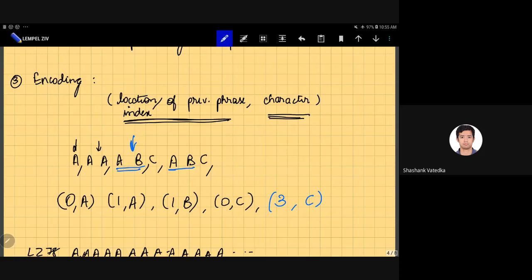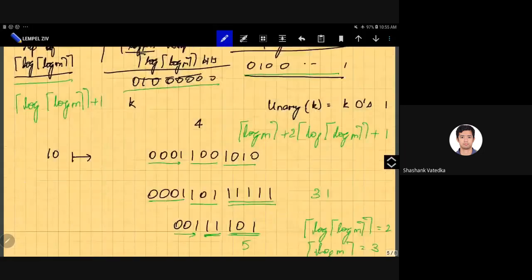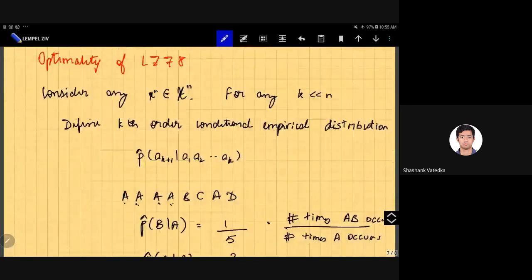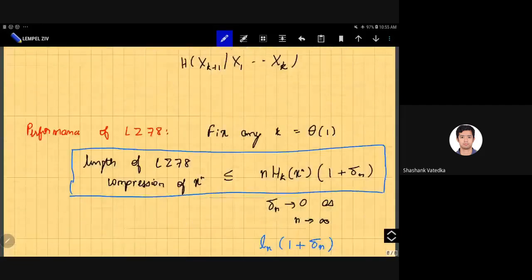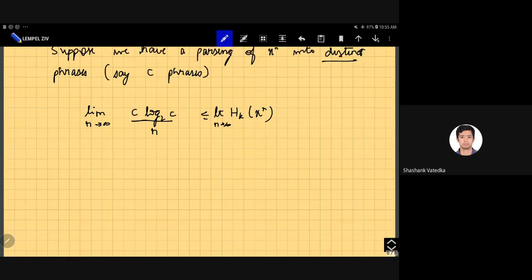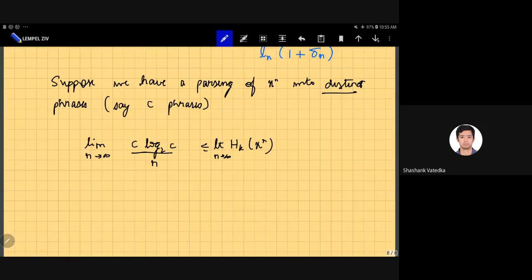And since there are C phrases, you need a maximum of log C bits to encode a particular phrase. So the total number of bits to encode the entire sequence is roughly C log C, and what this result is saying is that the asymptotic rate, C log C divided by n, is always going to be less than or equal to the kth order empirical entropy.